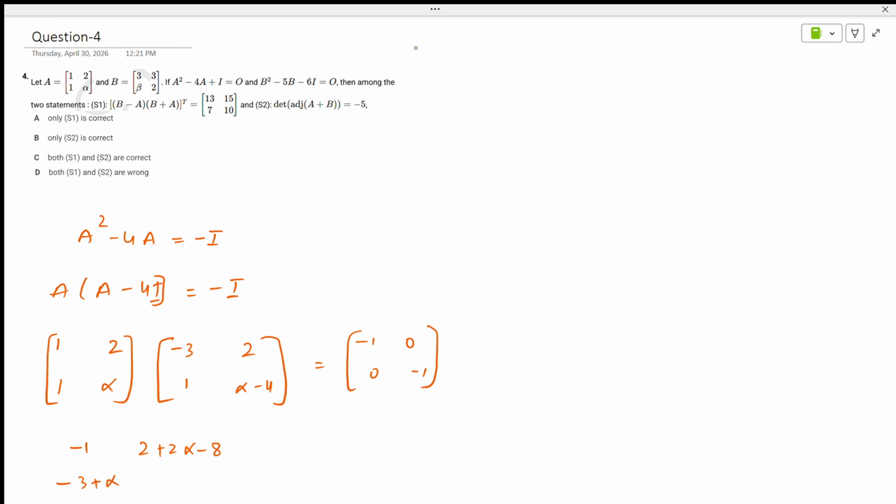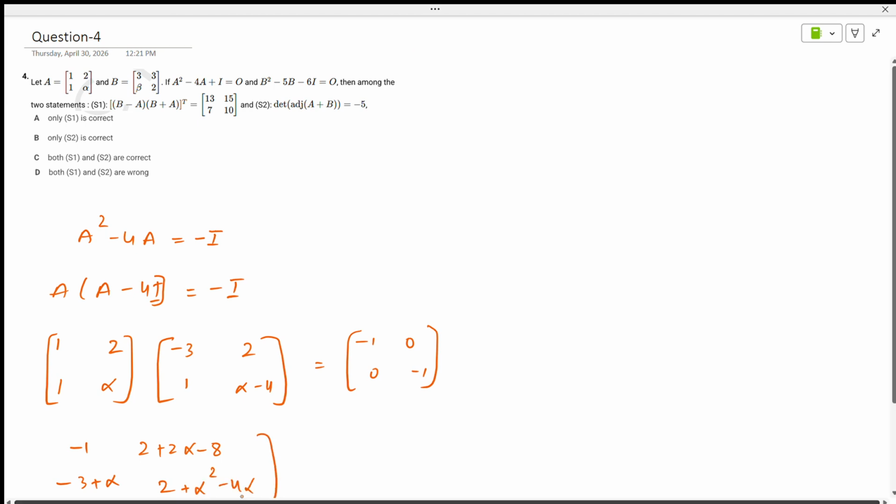And then 2 plus alpha square minus 4 alpha is equal to minus 1, 0, 0. So from this, clearly alpha equal to 3.